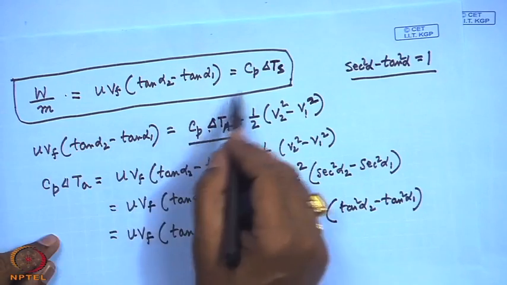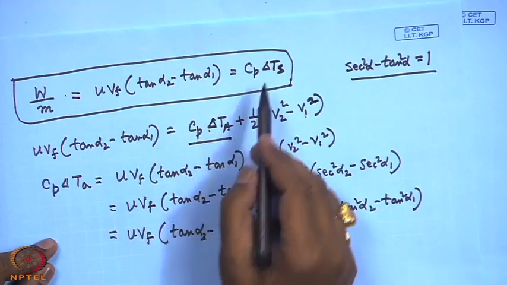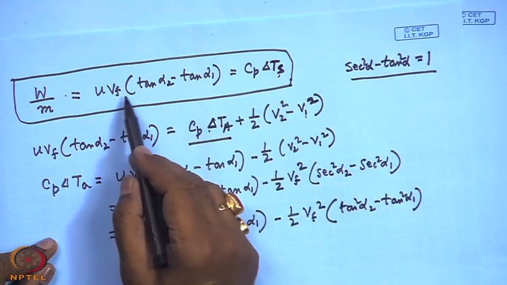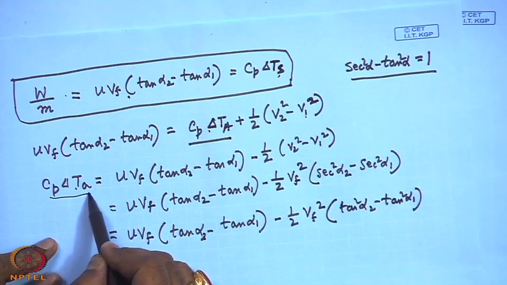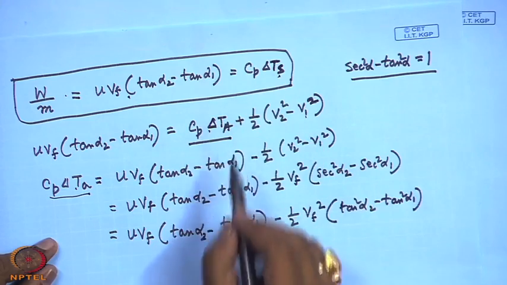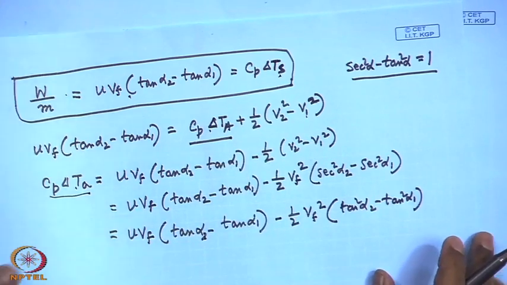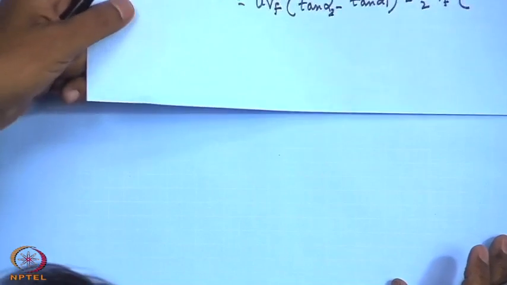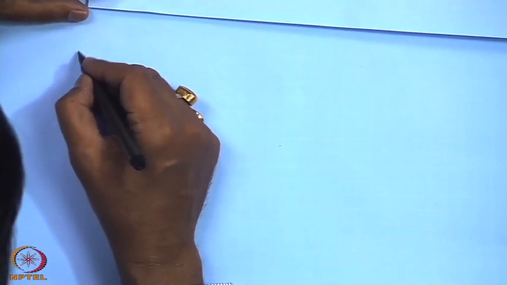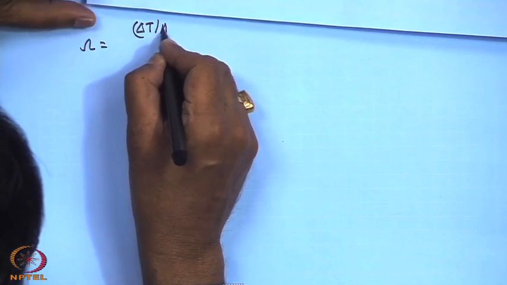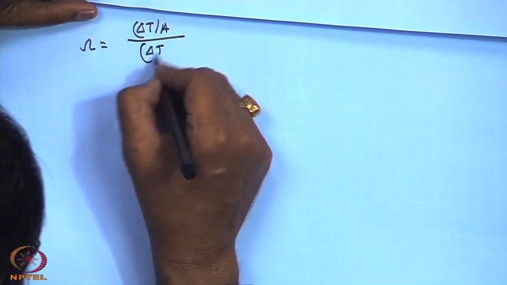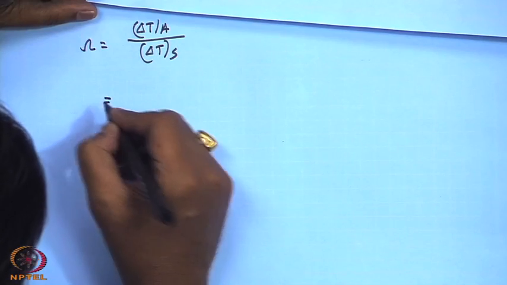Now, I use this expression for Cp delta T_S, that is per stage, and this expression Cp delta T_A for the rotor. The stage means delta T_A plus delta T_B. Then I can write omega, which is equal to delta T_A by delta T_S, as Cp cancels.